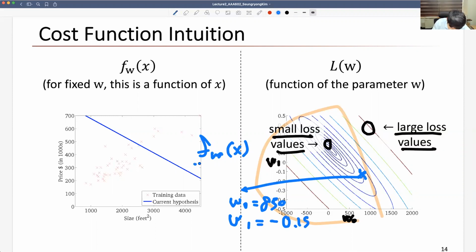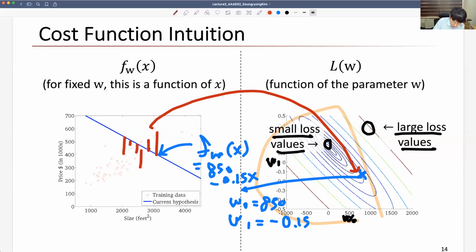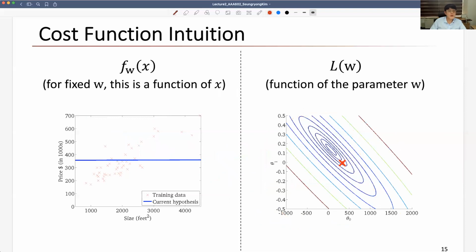Then in this case, the mapping function looks like 815 minus 0.15x. From here, we can measure the distance between the ground truth values and the estimated values, which determines this loss value. Okay.